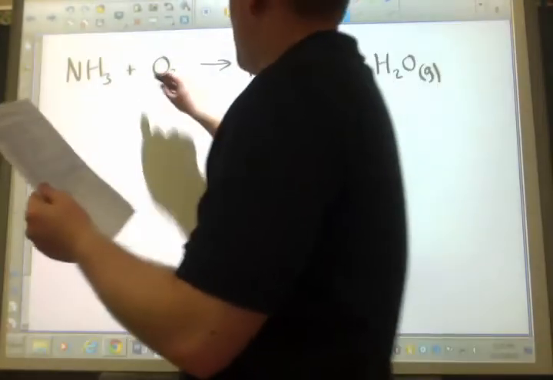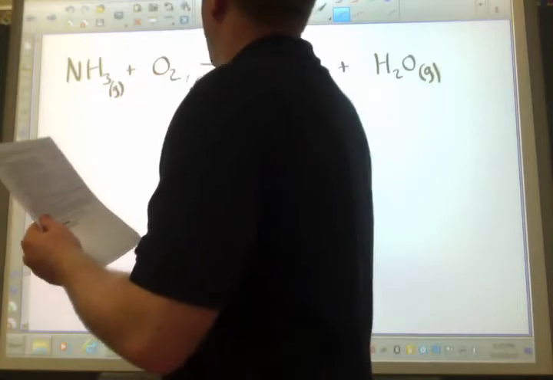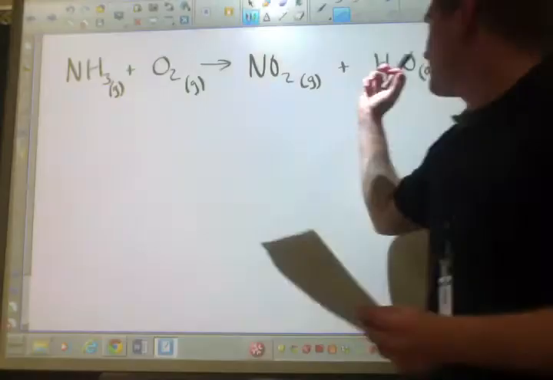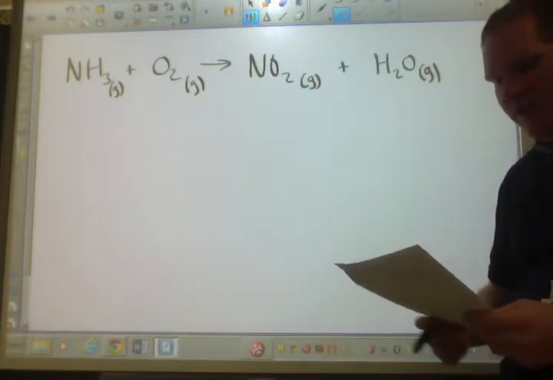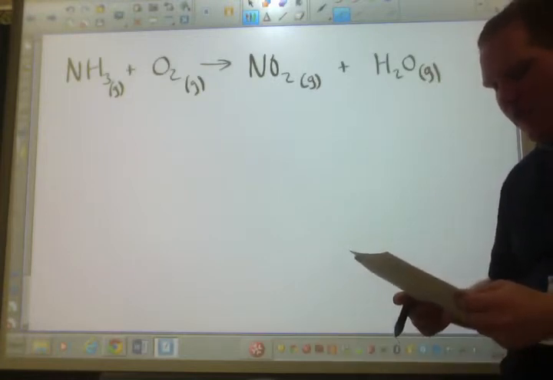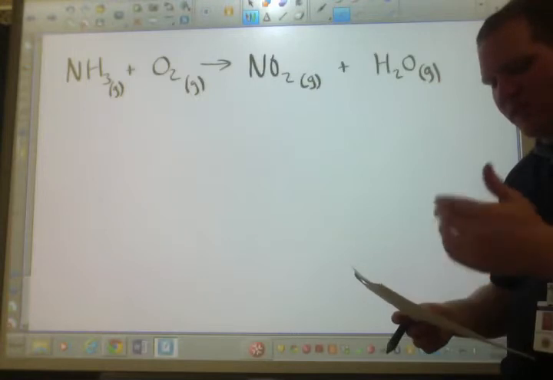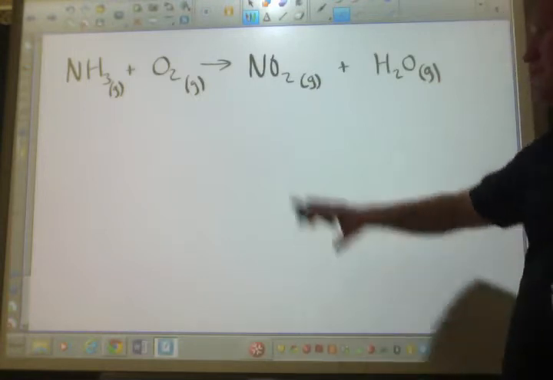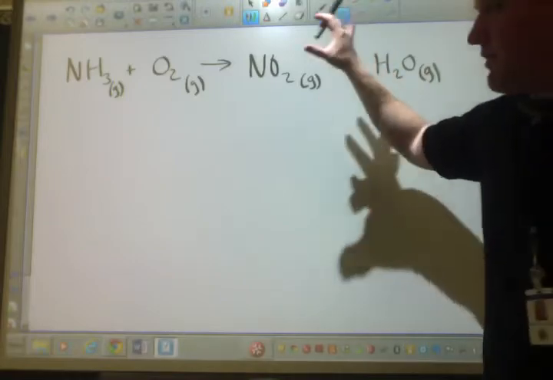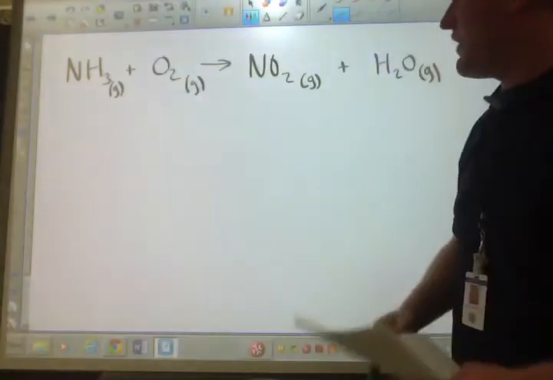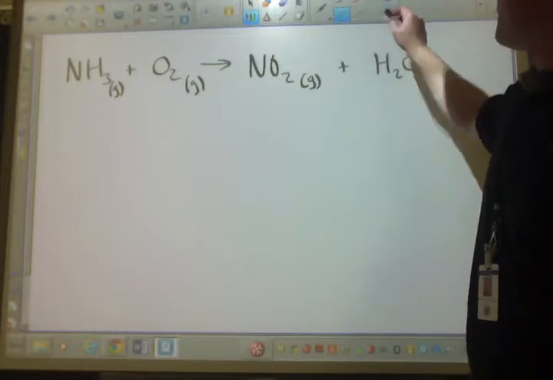And you definitely want to include the state symbols on these because, definitely for water, the liquid delta H is different from the gaseous delta H. Okay, calculate heat of reaction. So this is just like problems 1 through 4. We find the total enthalpy change in our products minus the total in our reactants. So let's balance this out.